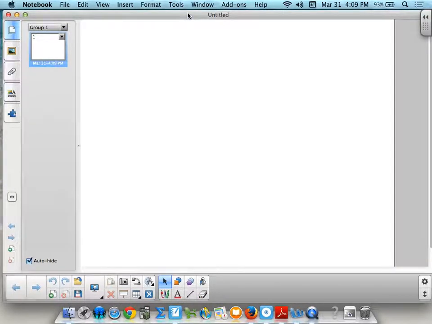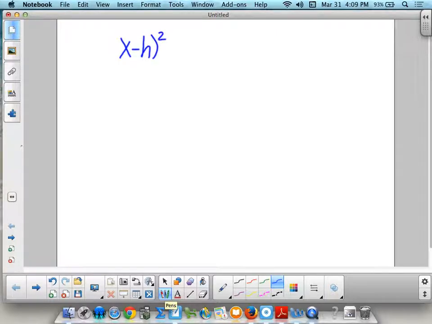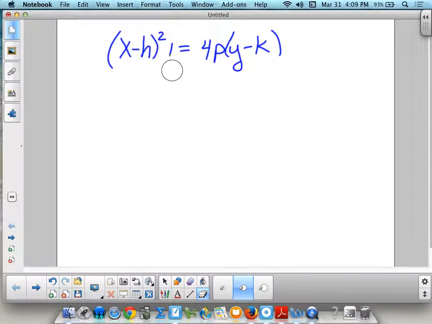Okay, this is the second section, parabolas. Really quick, a heads up: have that formula sheet ready. You're going to use either this one, (x minus h) squared equals 4p times (y minus k), hang on one second, let me get rid of this.